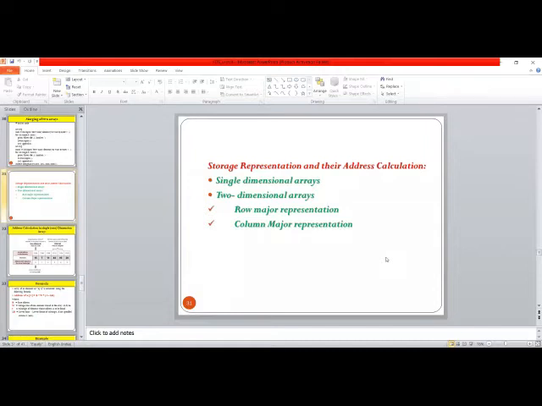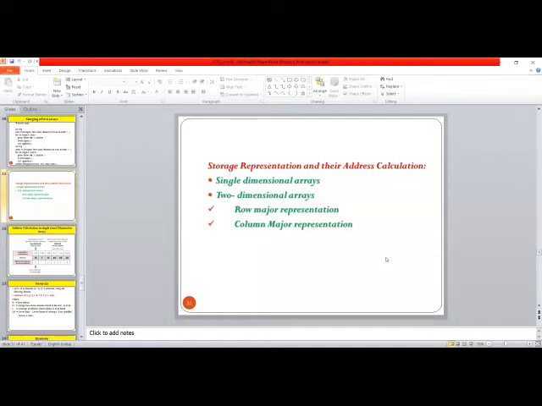So if we declare array A of 10 characters, 10 bytes will be reserved in memory for that array. It will have a particular base address, and from that base address the first element, second element, third element, up to the 10th element will be stored in continuous memory locations. So this is the memory representation.